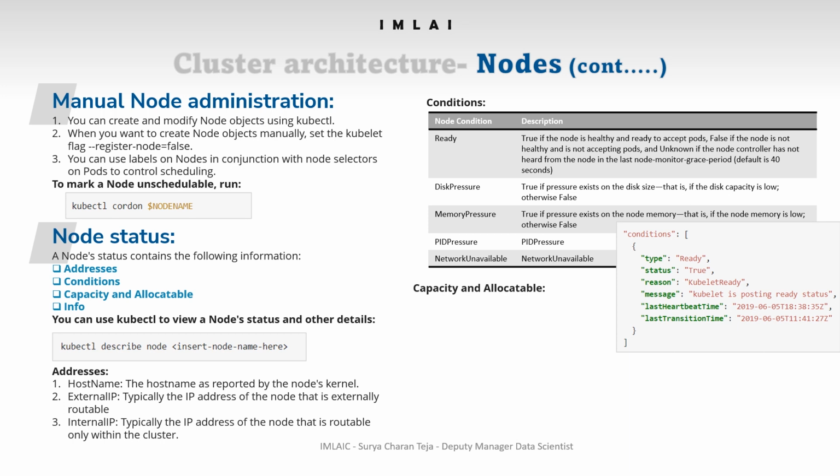Now let's look into the capacity and allocatable. This capacity and allocatable describes the resources available on the node, such as CPU, memory, and the maximum number of pods that can be scheduled onto the node.